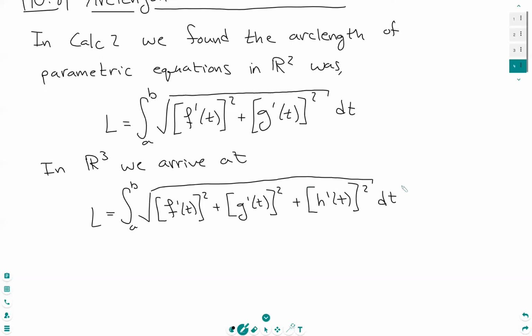But now we're a little bit smarter than we were in Calc 2. We've got vectors now at our disposal. And I want you to stare at that integrand because it looks like the magnitude of some kind of vector. And in fact, it's the magnitude of r prime.